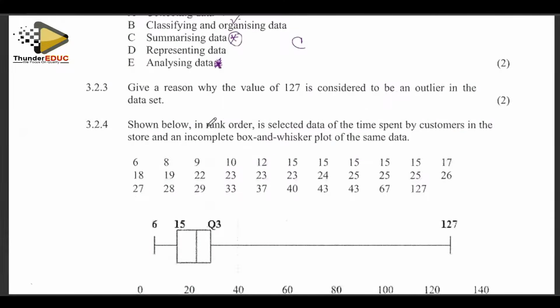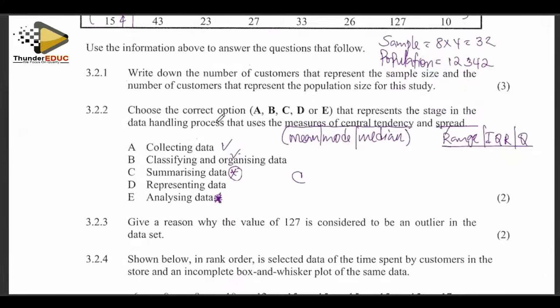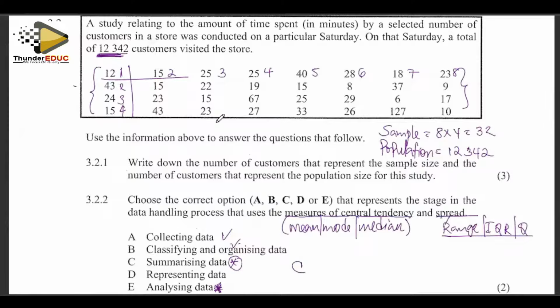All right. Give a reason why the value of 127 is considered an outlier in the data set. Why is it considered an outlier? Look at these numbers that you have here. When you look at them, they're in tens. Actually, these are ones, they're not that far from the tens.